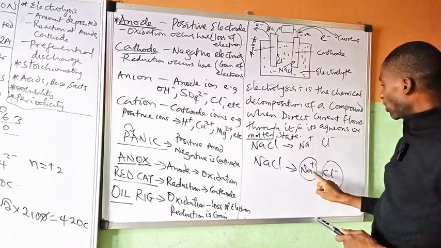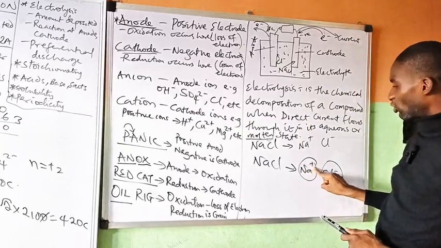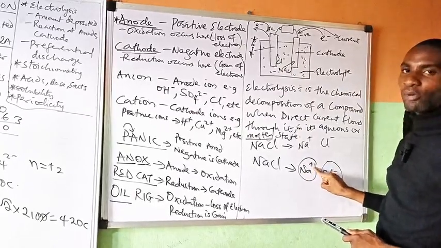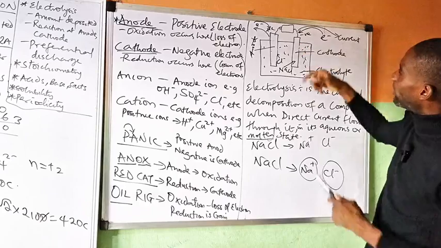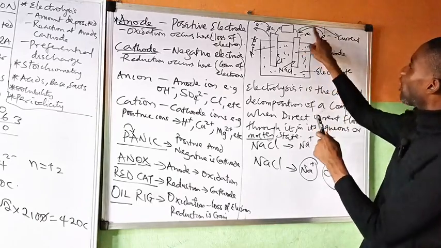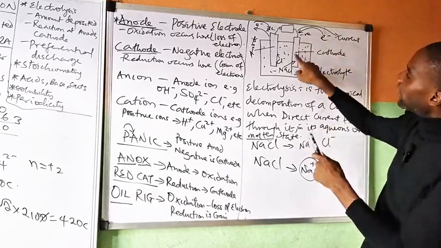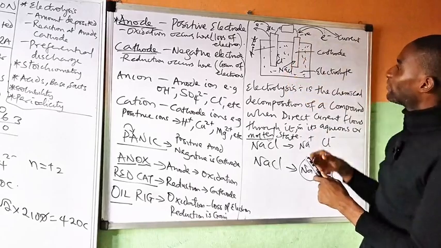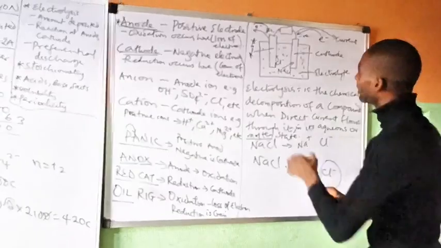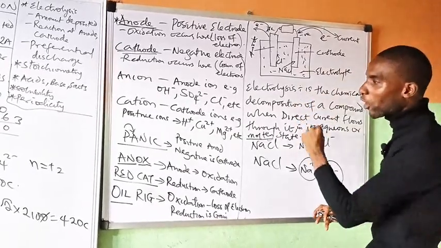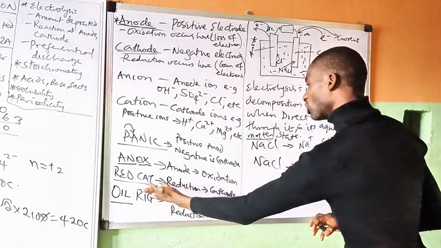Na plus means there's a shortage of electrons but an excess of positive charge. So it's coming here to tap the electrons that are coming in. Look at how electrons are coming in. So Na plus is coming here to tap the electrons. Now that accepting or gaining of electrons is what we call what? Look at it. Reduction at the cathode.